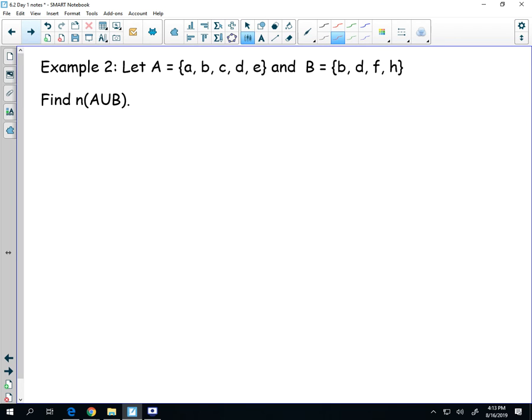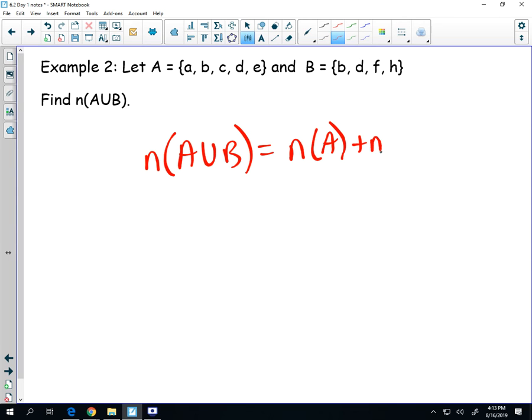So if A equals A, B, C, D, E and B equals B, D, F, H, what is the number of elements in A union B? You take the number of elements in A plus the number of elements in B minus the number of elements in A intersect B.